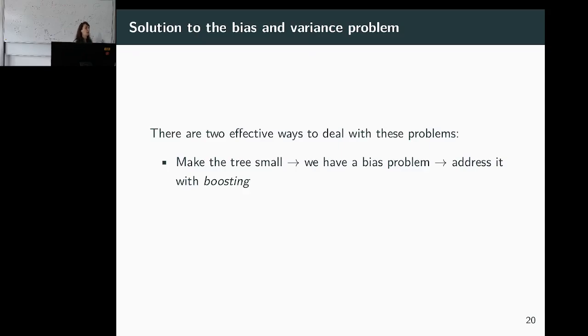And we accept that we have a bias problem, and then we address it with a method called boosting. There are algorithms called AdaBoost or gradient boosting, which are really powerful. But we will not go into this detail because the idea behind it is really similar to decision trees and bagging. So after you understand what we're doing today, you will definitely be able to work with boosting also.